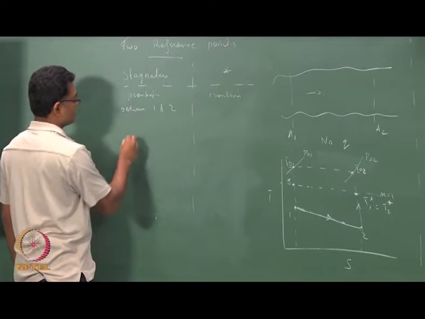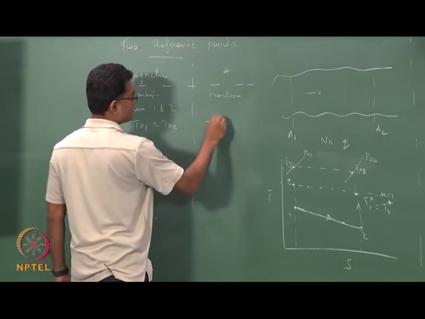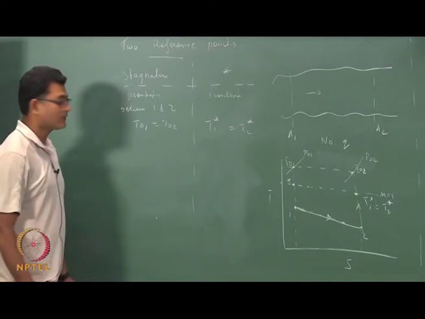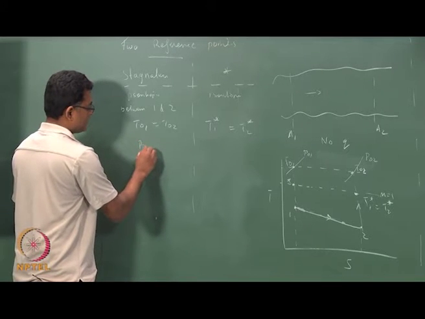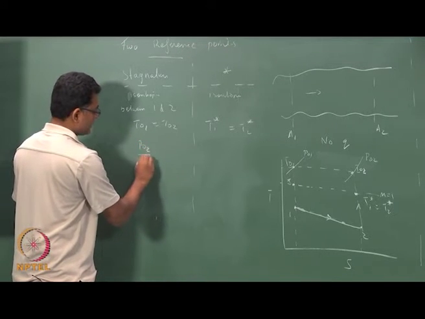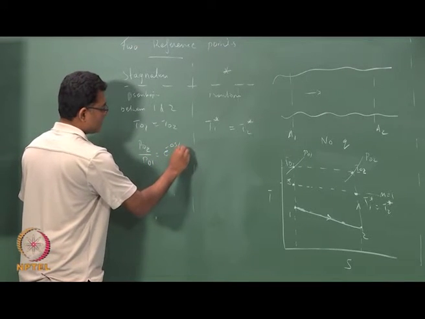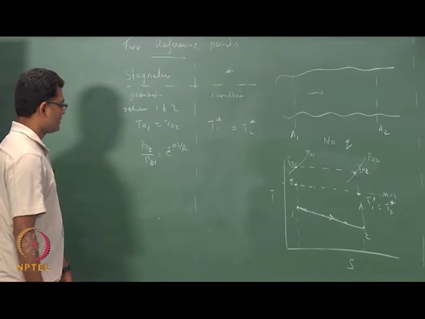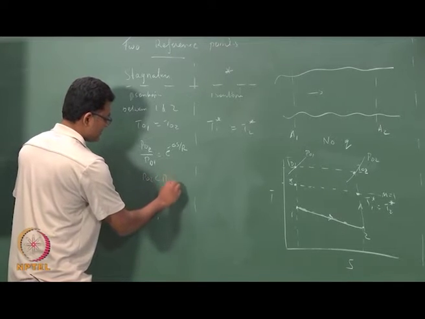1 and 2, I have T01 equals T02, here again T1 star equals T2 star. P02 by P01 is e power minus delta S by R. And P02 is less than P01.